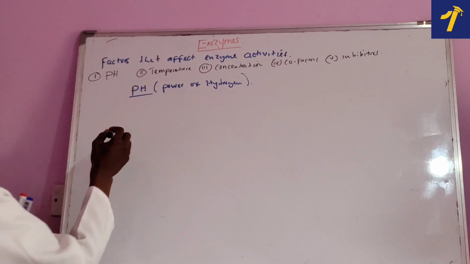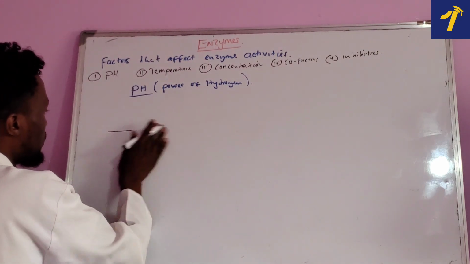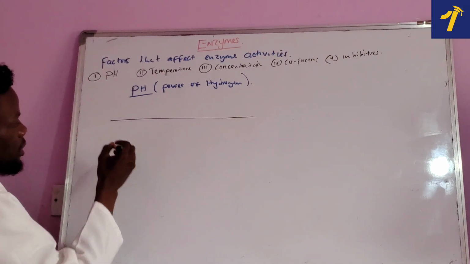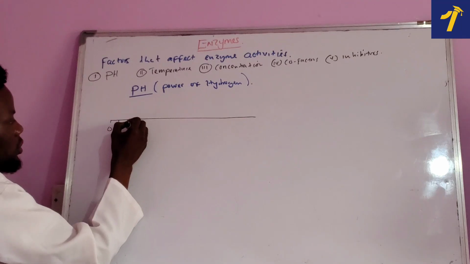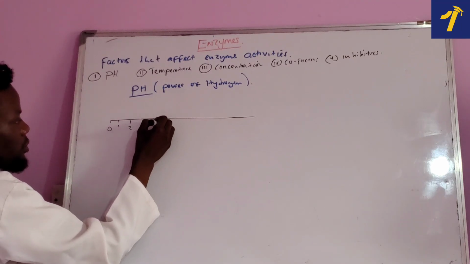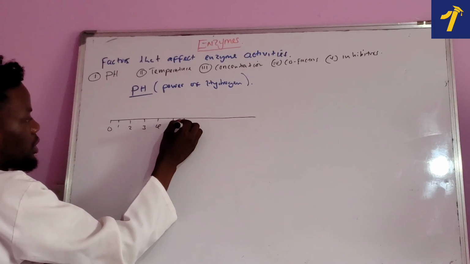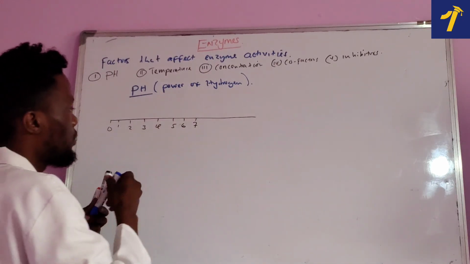Remember that the pH scale is going to look like this. It will start from 0, 1, 2, 3, 4, 5, 6, then 7. We're going to change the color now.